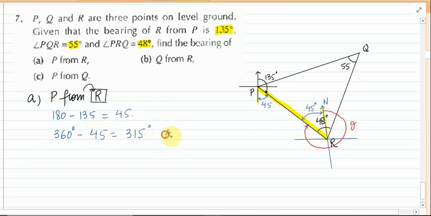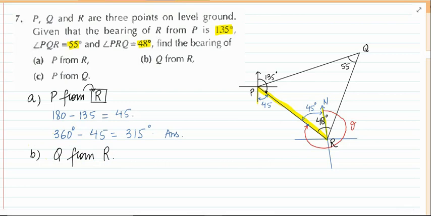So that is your answer of the first part, P from R. The second one, Q from R. Now I recommend you to try it by yourself first. Q from R. Now I am going to attempt this question with a green pen. First I need to highlight the angle that is unknown.